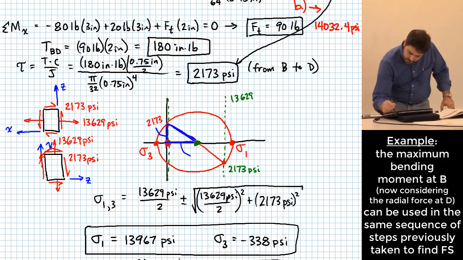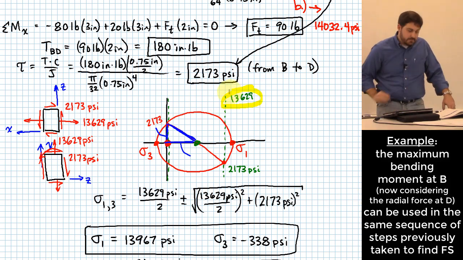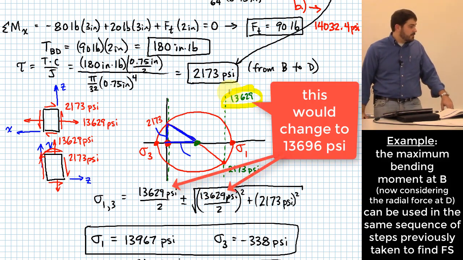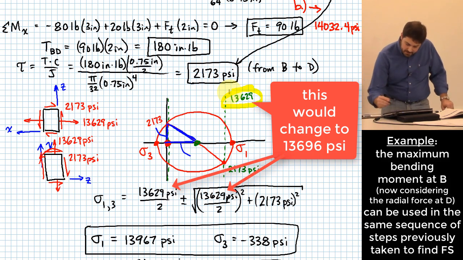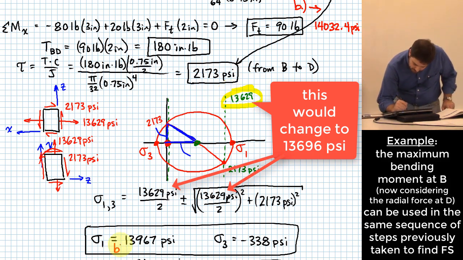I change this value, and that changes my principal stresses for part B. Excuse me, I think I may have misstated something earlier. This one up here, I was looking at the wrong number.